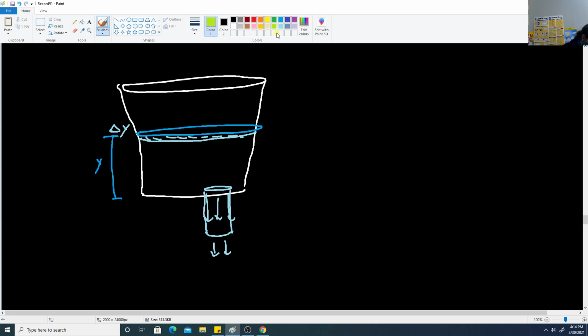So if we call A of y the area of the disk here at height y, then the change in volume would be A of y, the area of the cross section, times delta y, which is the height of the water drop right there.